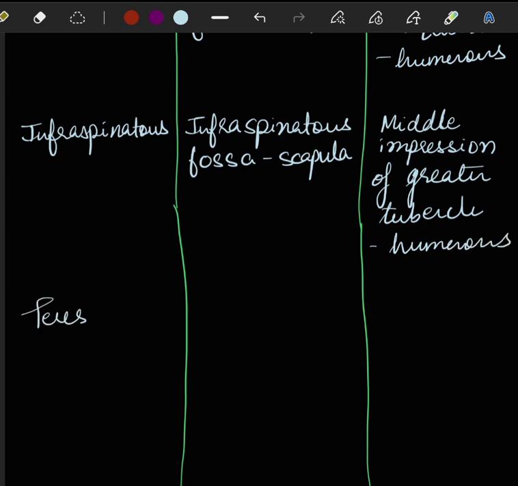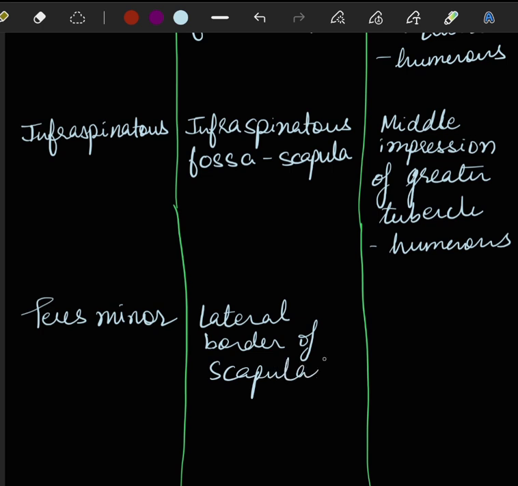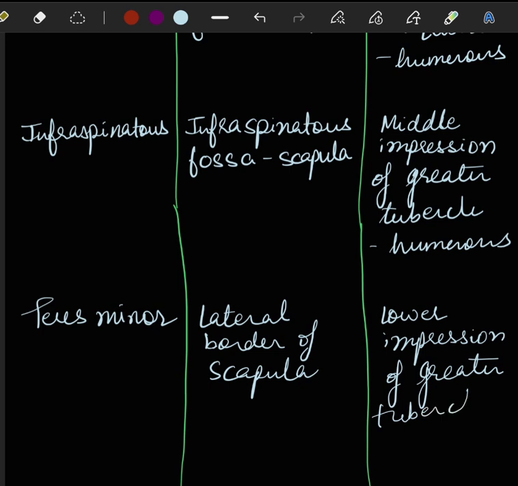Lastly, we have teres minor. Origin was from lateral border of scapula, and the insertion is at lower impression of greater tubercle. This is also humerus.